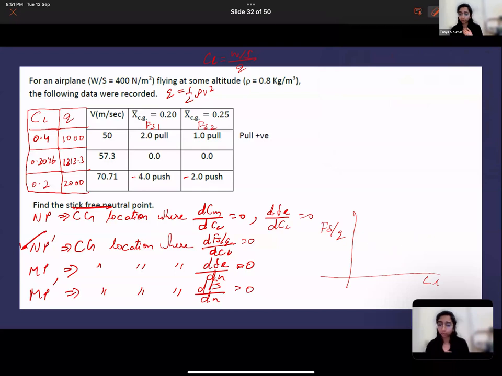So what are those 2 points? Fs? Do we have Fs?